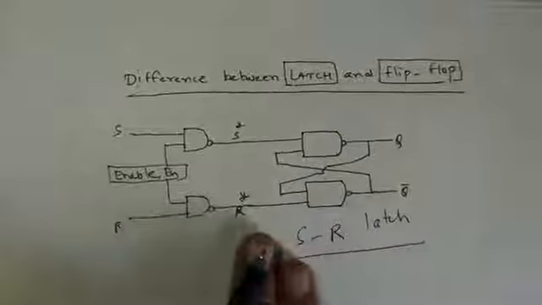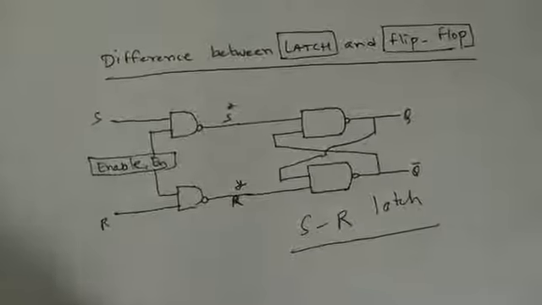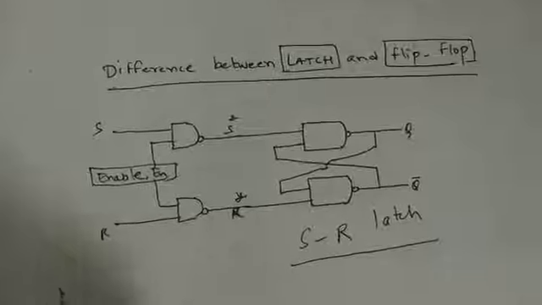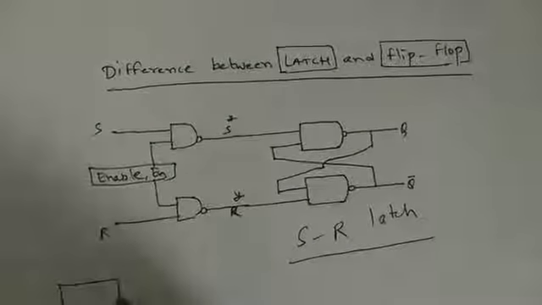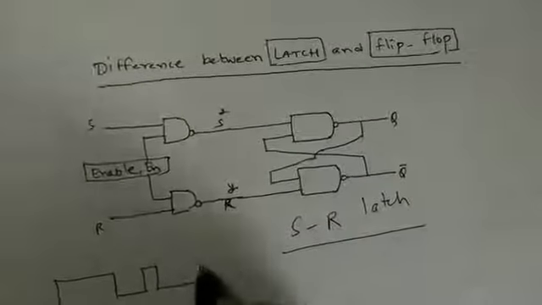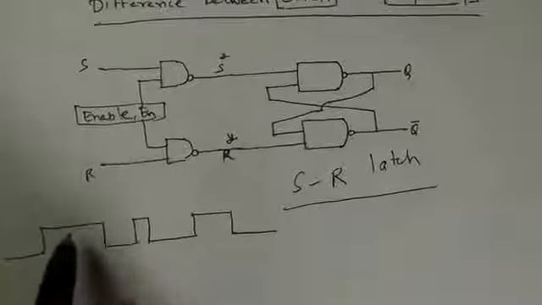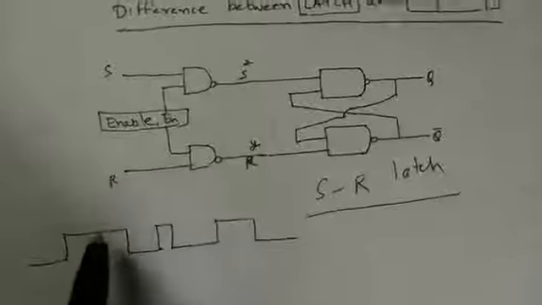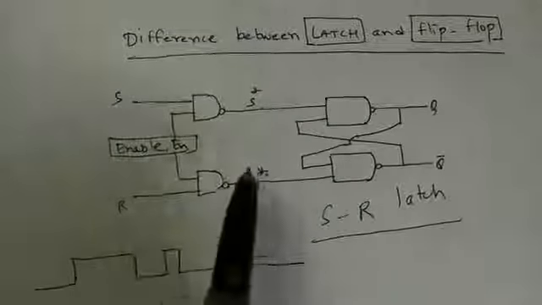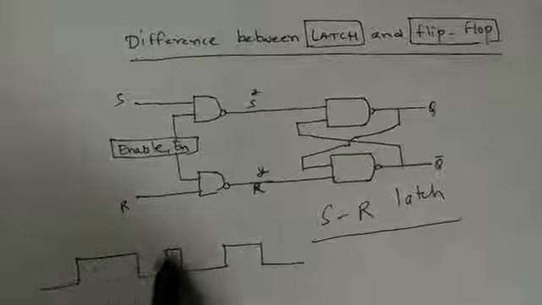For latch, there is level triggering. Level triggering is where we have a waveform like this, with some input given like this. Whenever this enable input is high, it is known as level triggering. So this circuit will operate whenever this enable input is high.